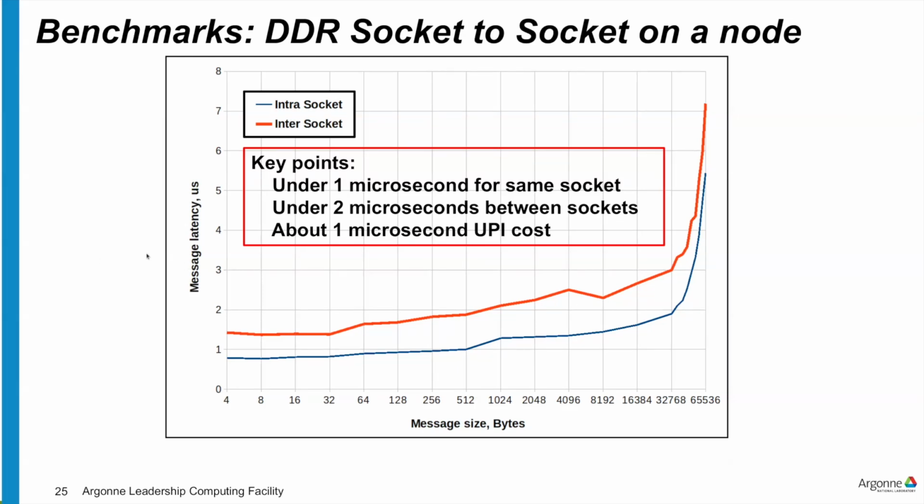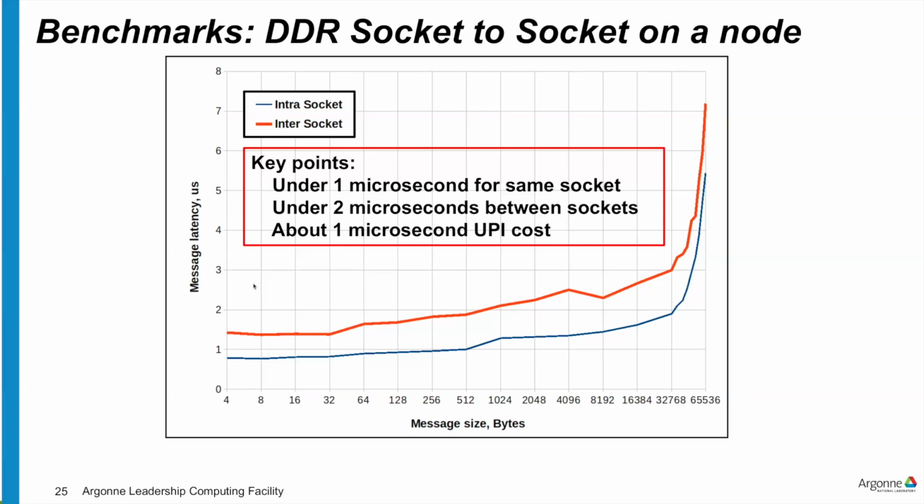The cost for such access is about 1 microsecond. So we usually have about 0.8, 0.9 microsecond cost for the call of every MPI function call. Approximately 1 microsecond will be added if you use incorrect, or if it is by design, if you use access of a different socket memory.